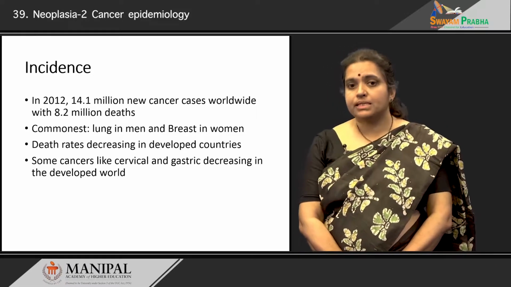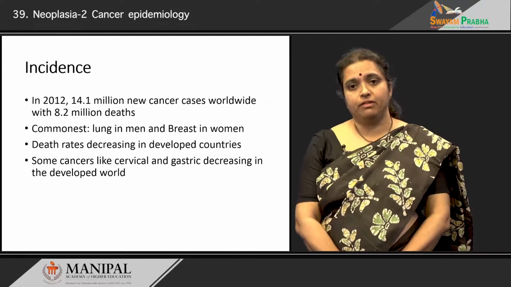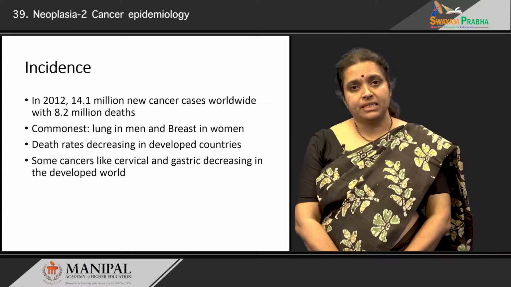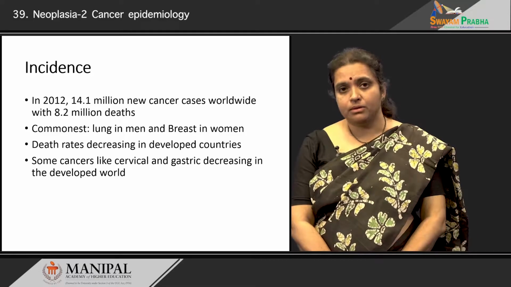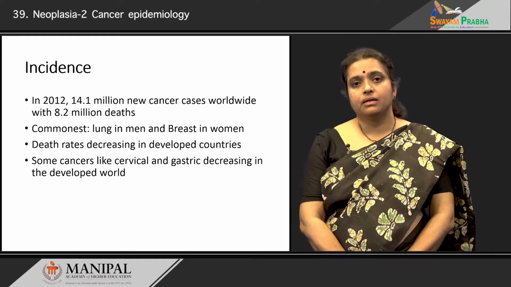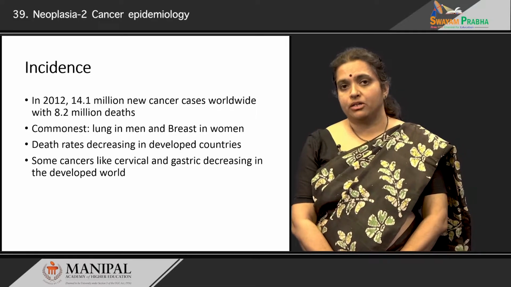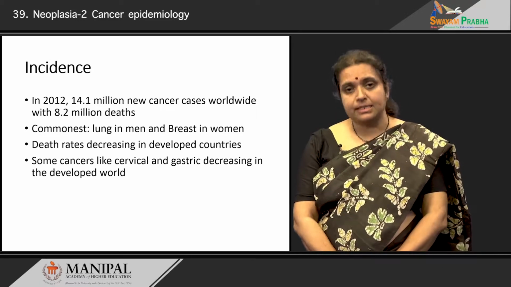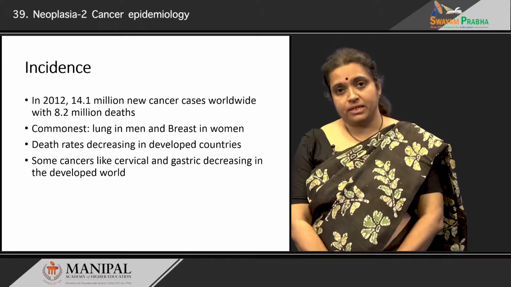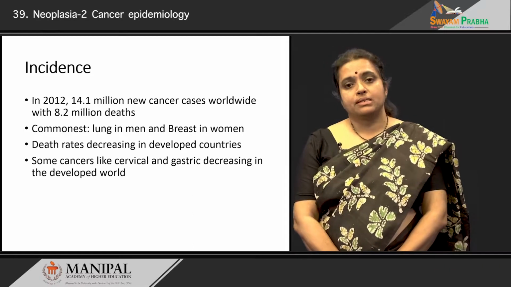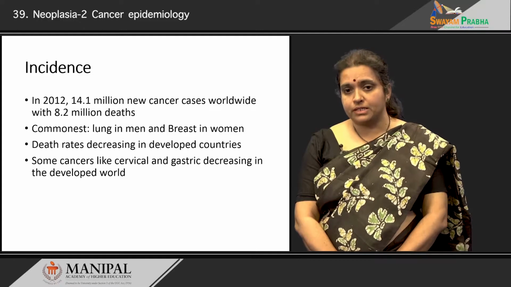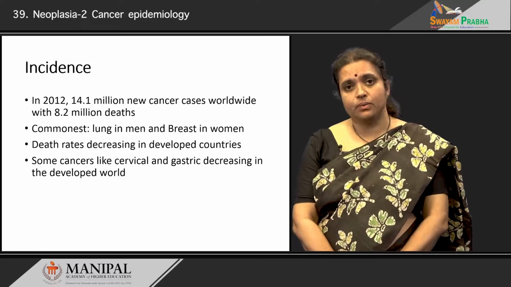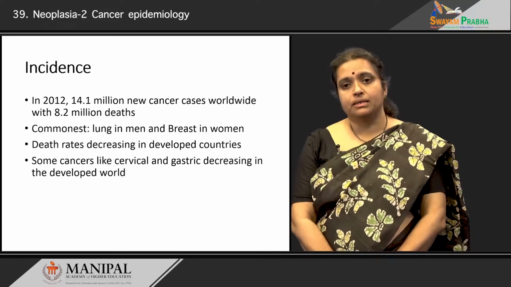Now, the death rates have been decreasing in the developed world. This is because of many reasons. These cancers are picked up early in those parts of the world. They have better economic conditions. They have different cancers. So, the death rates have been decreasing. Some cancers like those of the cervix and stomach are decreasing quite a bit in the developed world.